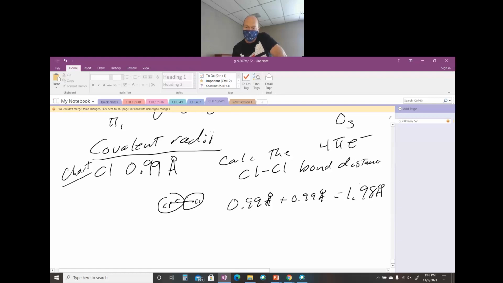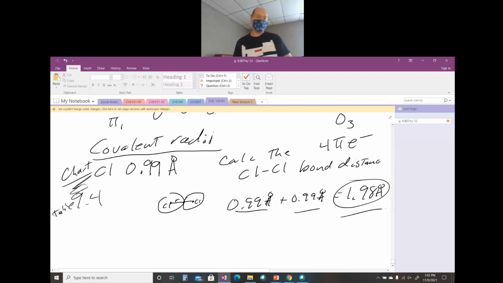So it is as simple as that. You simply add up the 2 radii that are given on table 9.4, I think it is. But that table is going to be given on the test. And you simply add the 2 radii together of whatever 2 atoms are connecting together, and you simply add those up to get the bond length.